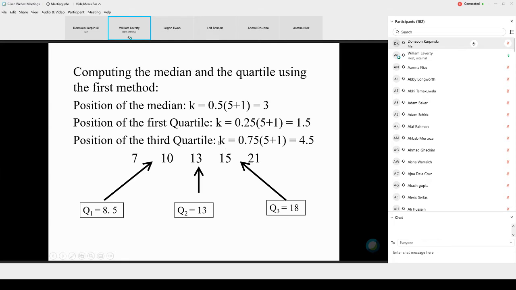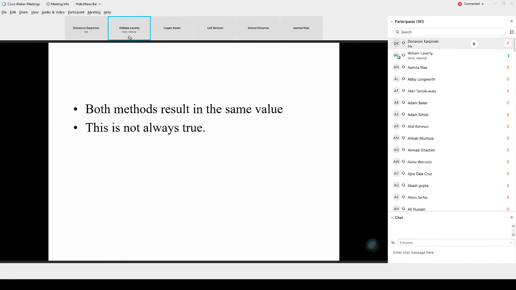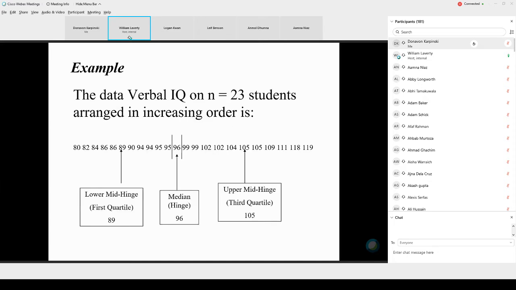The position of the third quartile is 0.75 times 5 plus 1, 4.5. That's the average of the fourth and fifth observation. So you get exactly the same results with both methods. This isn't going to always be true. For large sample sizes, it will be roughly true.